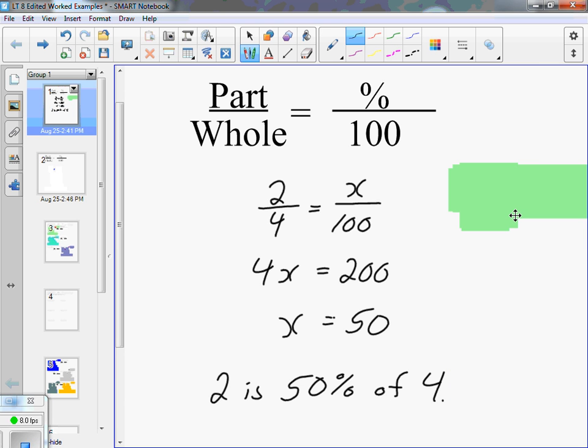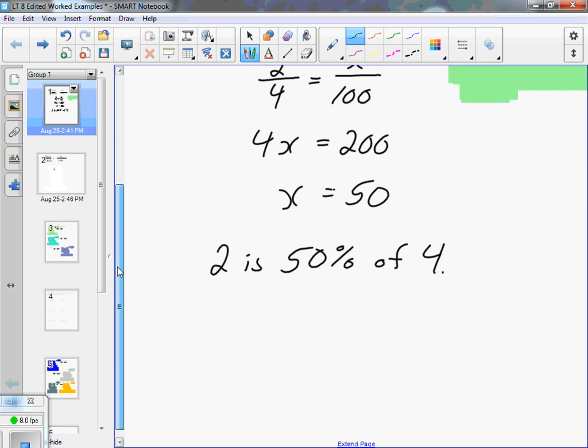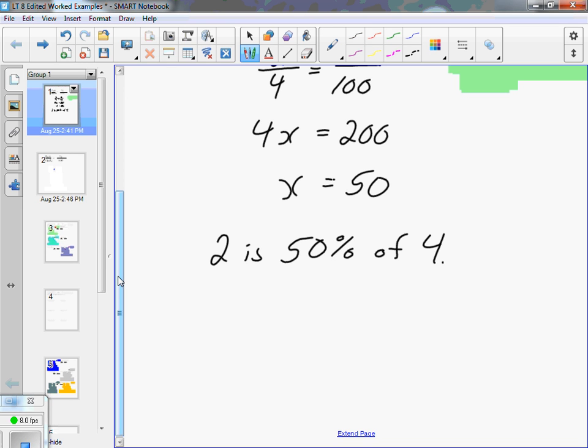They can be written like this. The part is some percent of the whole. It may be the part you're finding.